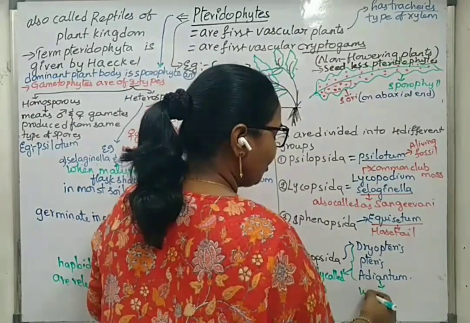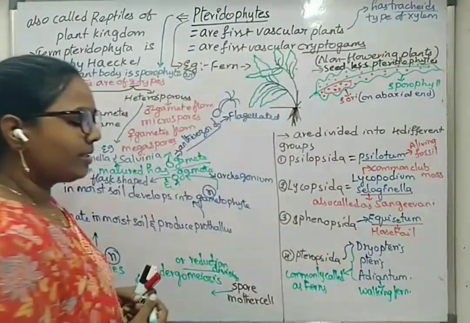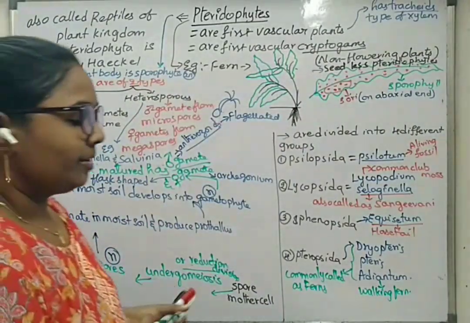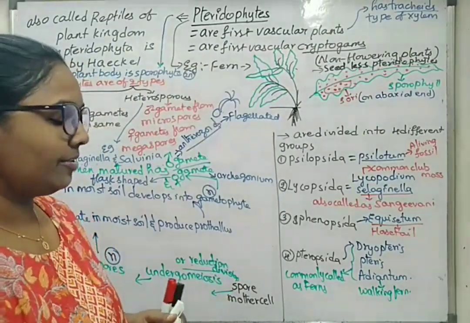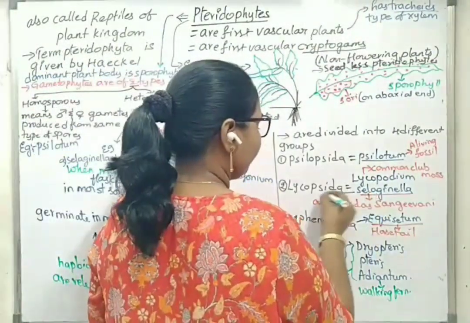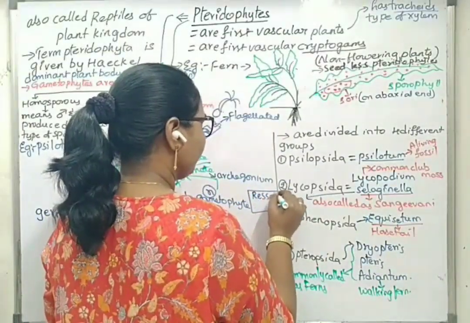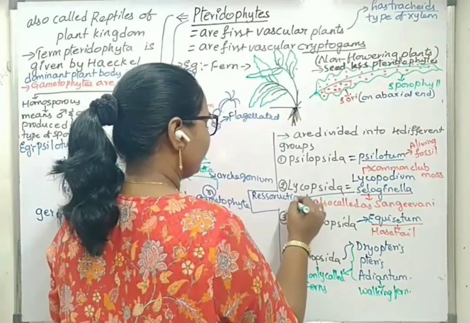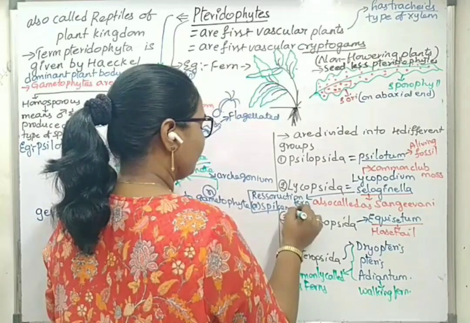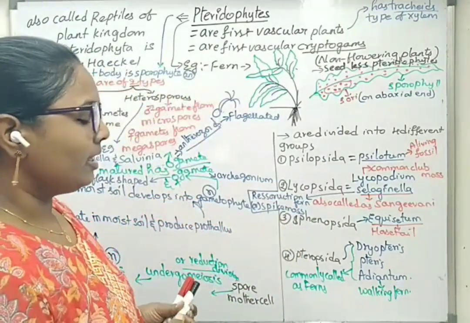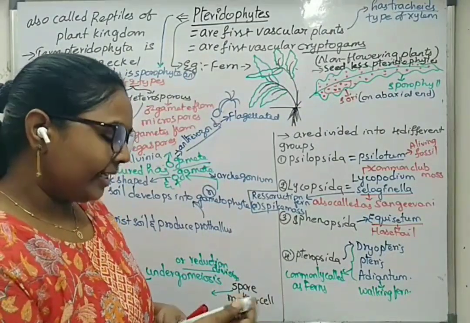Adiantum is also called walking fern. Selaginella has other terms like resurrection fern or spike moss. Adiantum is also called walking fern or maiden fern.